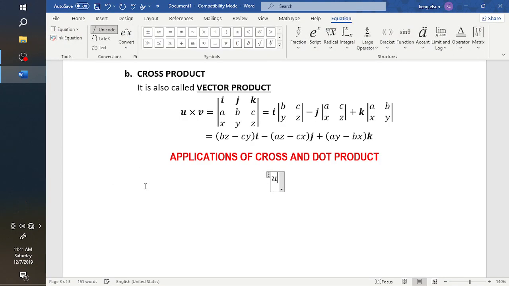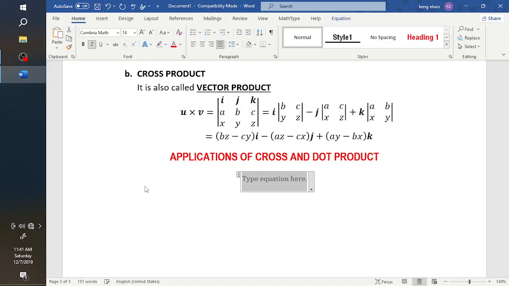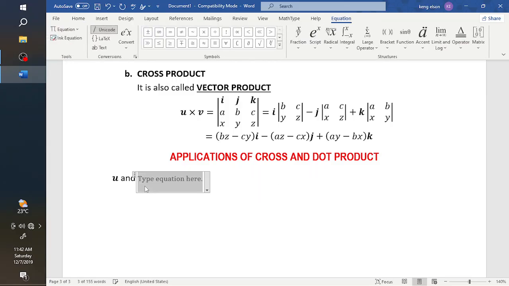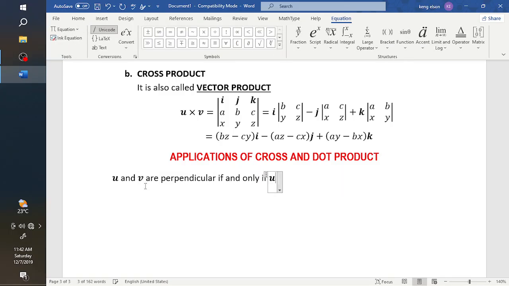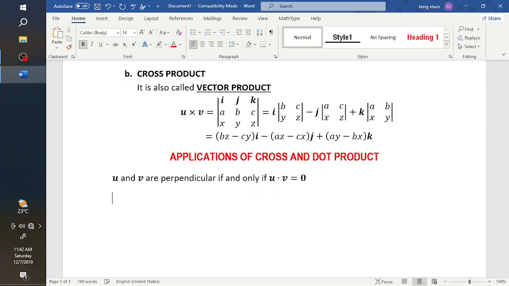The vector U and the vector V are perpendicular if and only if the dot product of the two vectors is equal to 0. Is it okay? So this is a condition for two vectors to be perpendicular. The dot product is equal to 0.